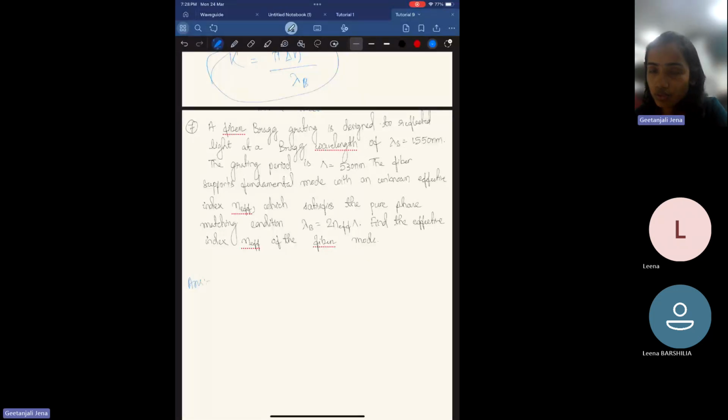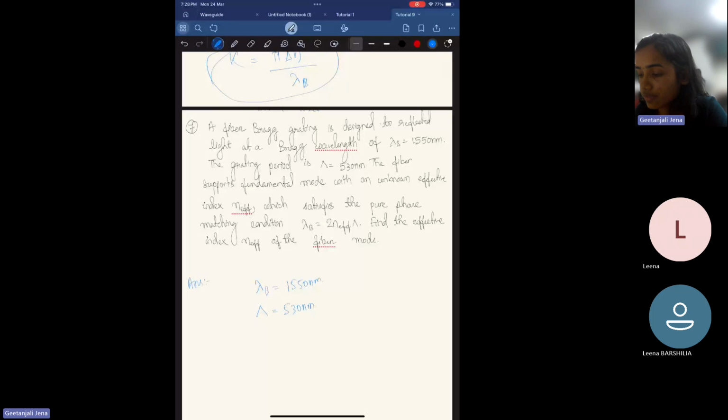Okay, let me read out the question first. A fiber Bragg grating is designed to reflect light at a Bragg wavelength. Lambda b is 1550 nanometer. The grating period is also given. It is 530 nanometer.